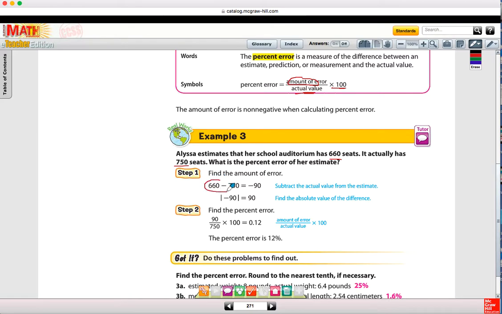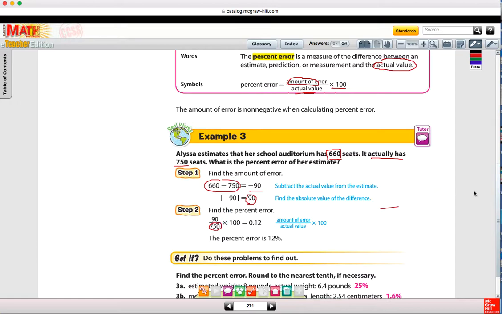So you're going to subtract those two amounts, which is negative 90, or the absolute value of negative 90 is 90. And then you're going to divide that by the actual amount. Now, this one might confuse you because you think you might want to divide that by 660. But the percent of error is actually taking that difference divided by the actual value. In this case, it actually has 750 seats, so we're going to divide it by 750.